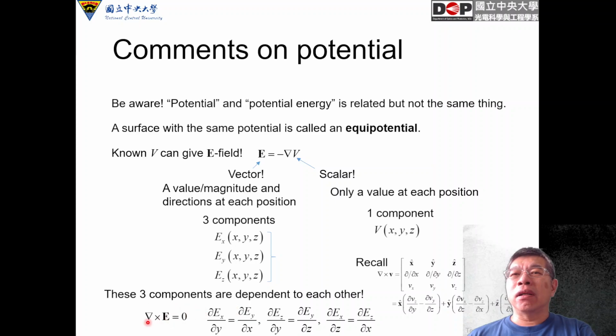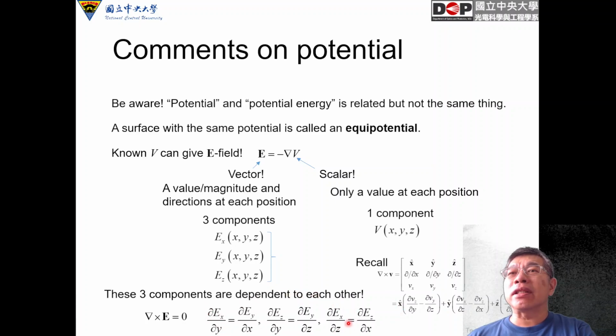So if we take the curl of the electric field, we would get some relation like this one. That's why, even though it has three components, there is a relation required by the curl of E. But still, it's very complicated and not too easy to deal with, even though it has some relation.